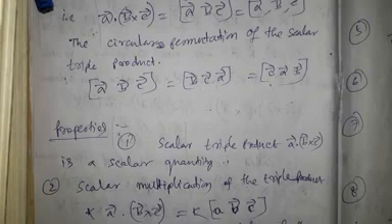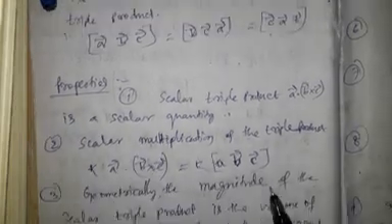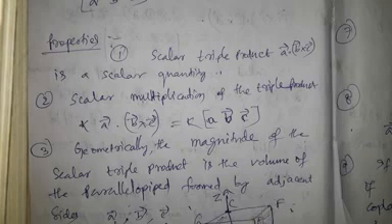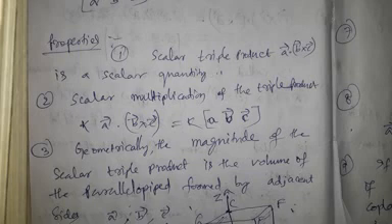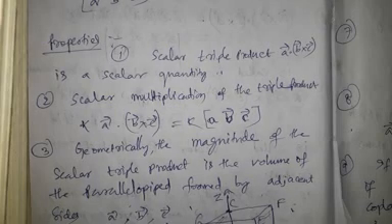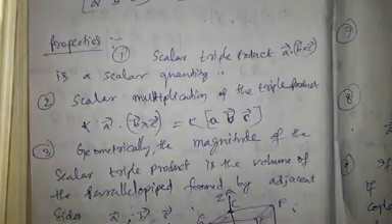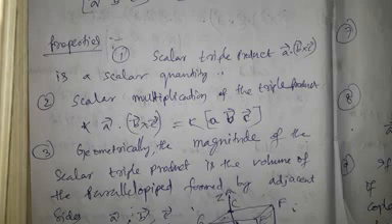Geometrically, the magnitude of the scalar triple product is the volume of the parallelepiped formed by adjacent sides A, B, C, that is A vector, B vector, C vector. Then the volume of the parallelepiped is the magnitude of A dot B cross C. This is A vector, this is B vector, this is C vector.